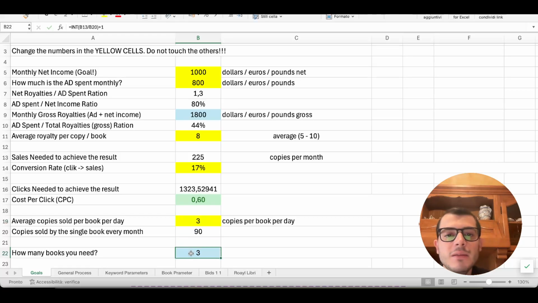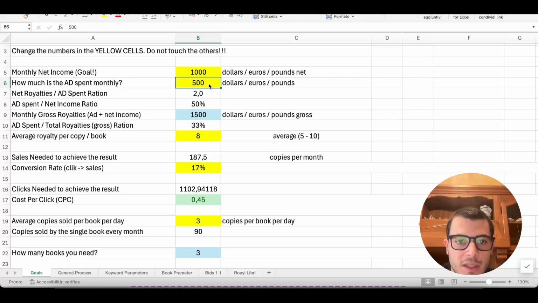You just need 3 books to achieve these results. This is really important to understand why, even if I decrease these, I still have a really good cost per click that I can spend. It's really important to understand the royalty of the book.